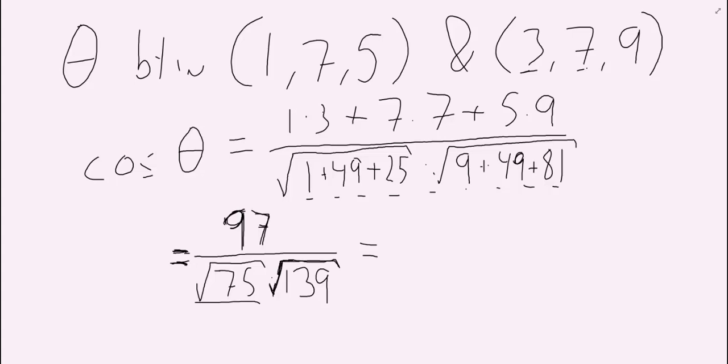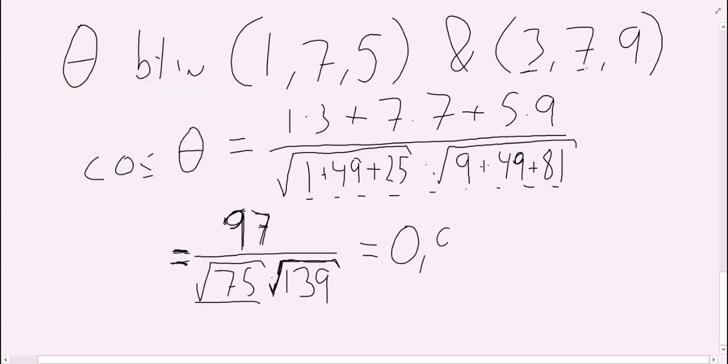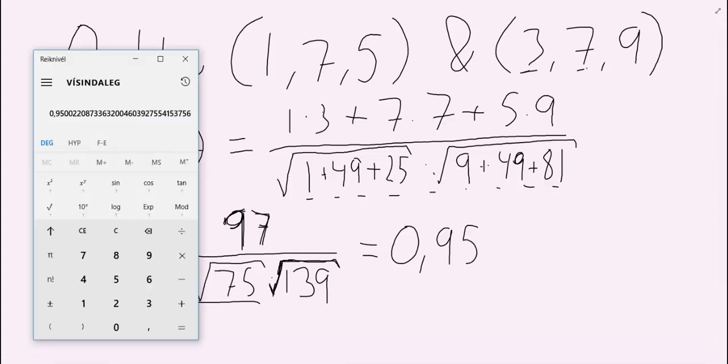That will give us 97 divided by square root of 75, okay, that's the same as before, divided by square root of 139 equals 0.95. Yeah, 0.95. That's nice.